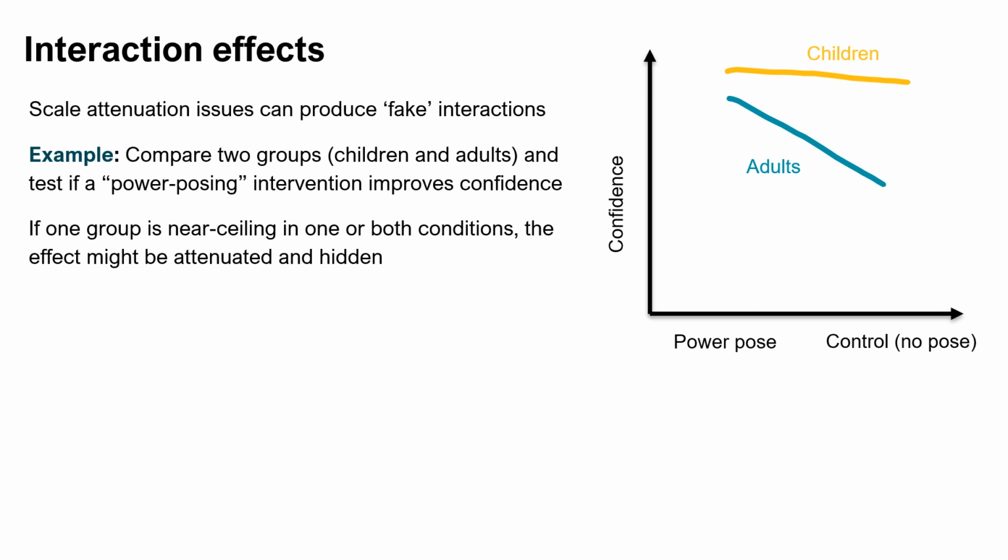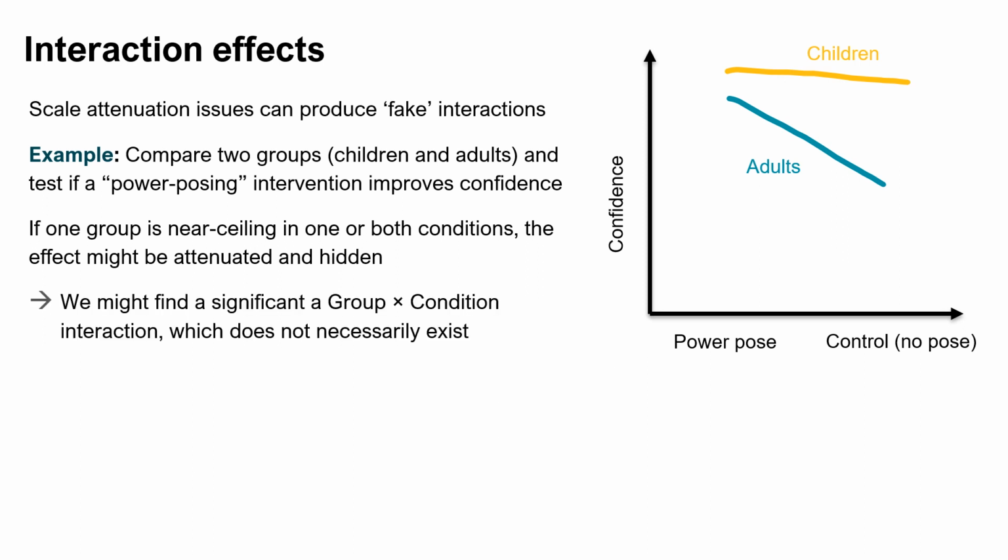However, as you might have noticed here, one group, specifically the children, seem to be performing very close to the ceiling in both of these conditions. And the effect of this intervention might therefore be attenuated and hidden in this group. But if we analyzed these results statistically, it's quite likely that we would find evidence for a significant group by condition interaction, which does not necessarily exist in the real world.